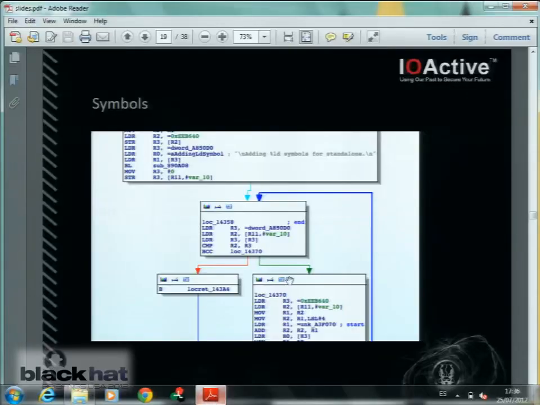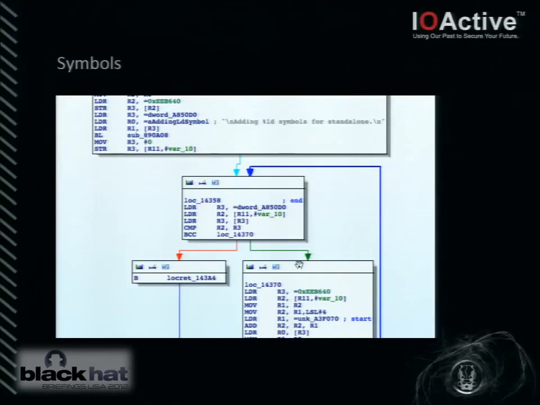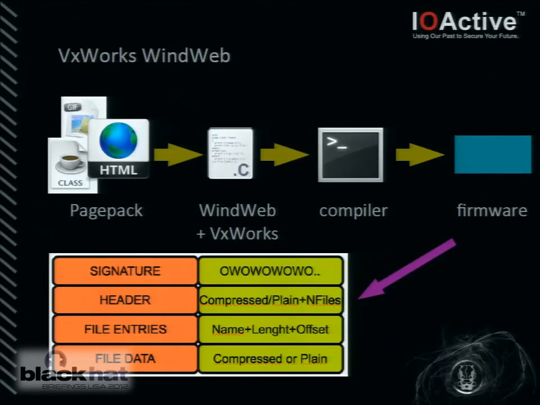And then the last step to analyze this firmware is to extract information from a custom file system which belongs to the WinWeb server, which is a built-in web server.